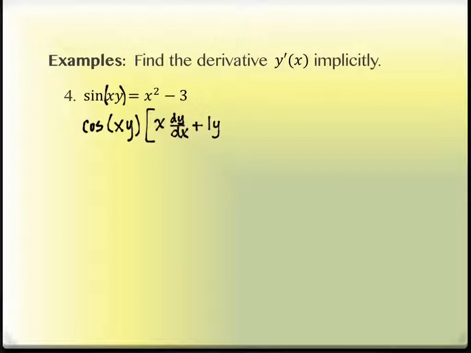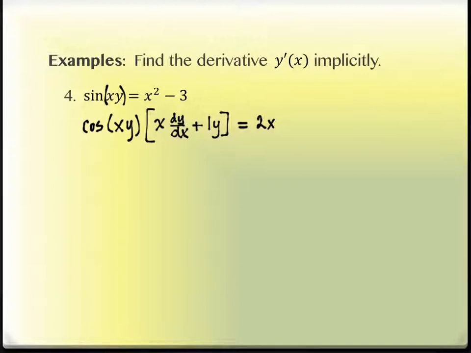Yeah, good. All right, but the rest of it's not bad, right? So we've got x squared becoming 2x, and then the negative 3 is 0.